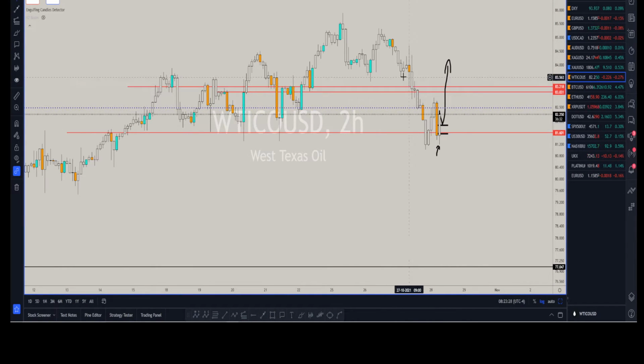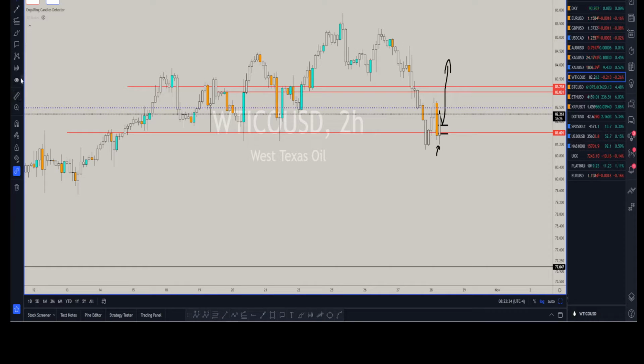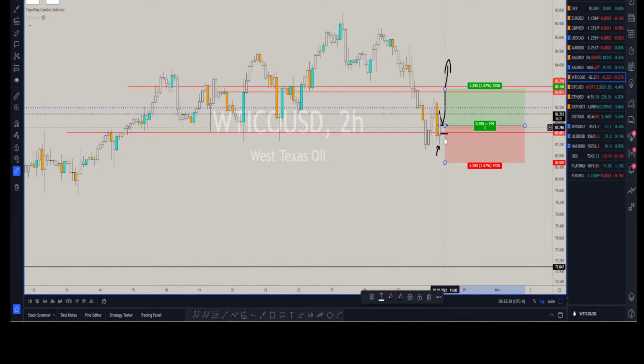So most likely I will take something like this if it respects that area we said here. That's the stop. We'll be targeting this bottom of the candle right there.